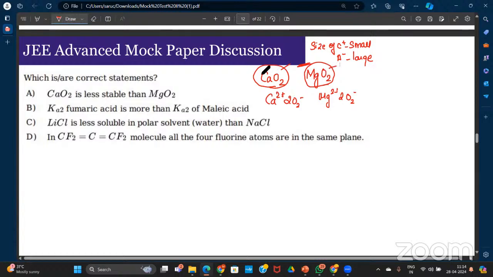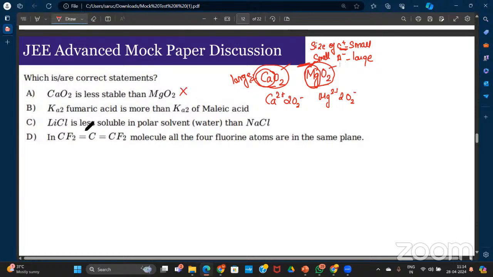When you compare, this cation is going to be small and this cation is going to be large. So which is going to be more stable when the size of cation is small? MgO2 is going to be more stable than CaO2. So therefore it is given as less stable, and this one is incorrect.